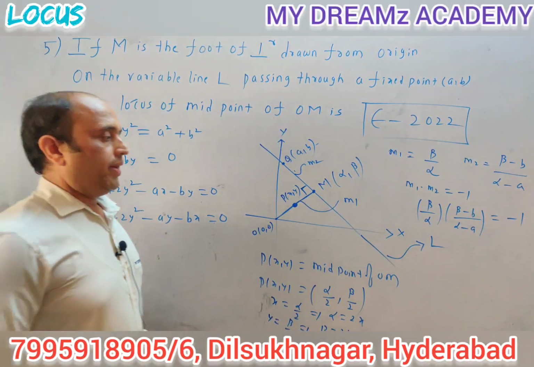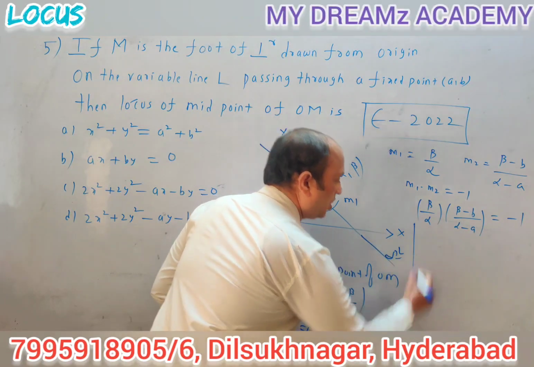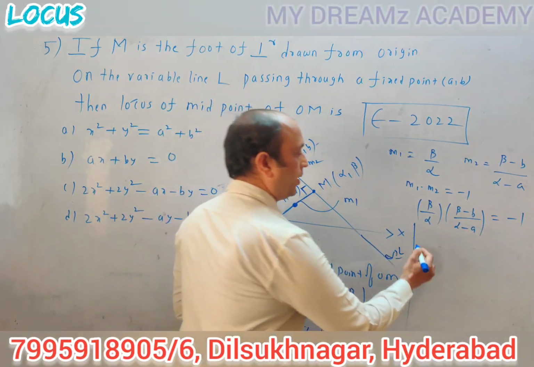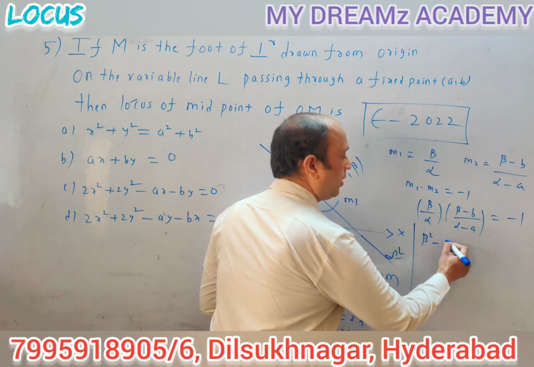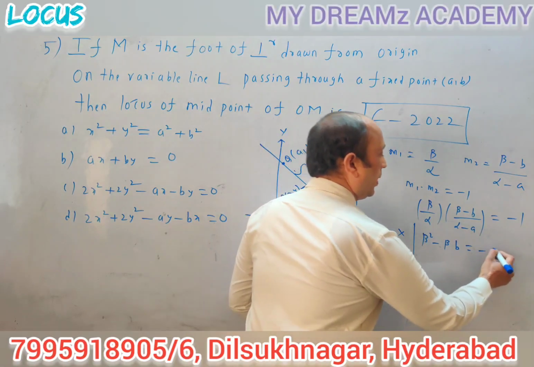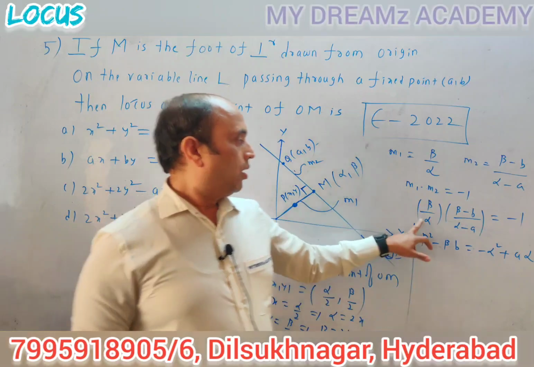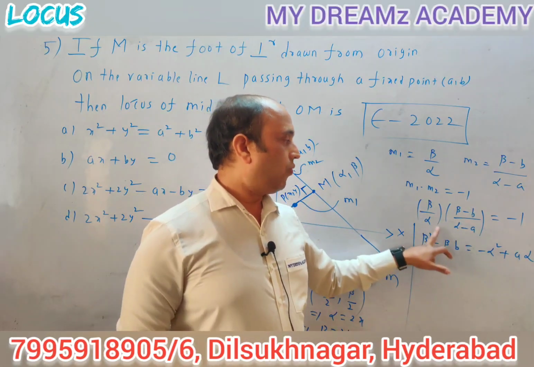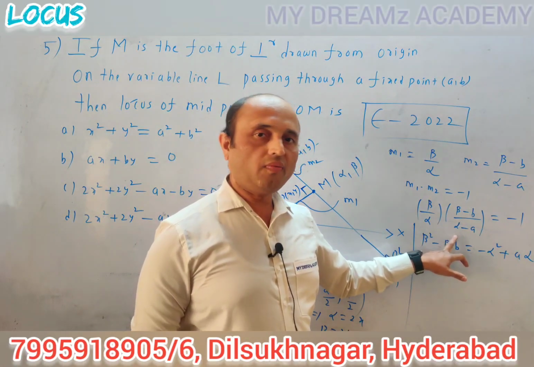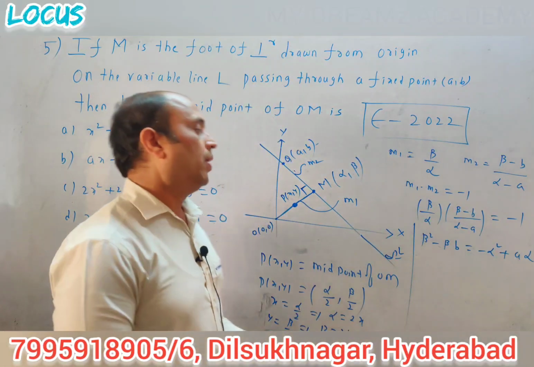So now multiply: beta square minus b beta is equal to minus alpha square plus a alpha. Send alpha square and a alpha to the other side.